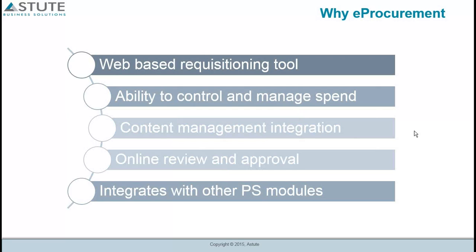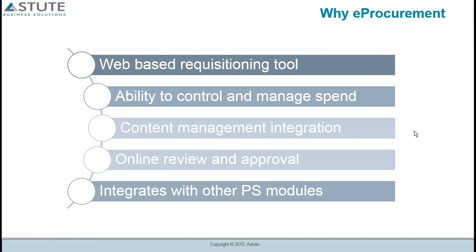This module automates the requisitioning process by bringing all the bells and whistles of a procure-to-pay function online, from filling up a request form, getting an email approval, mailing the purchase order, paper receiving, and finally paying the invoice is all done online seamlessly within this module.